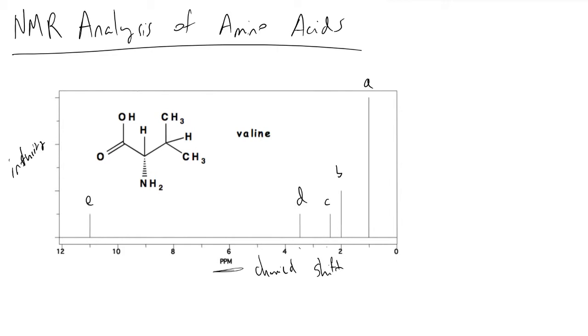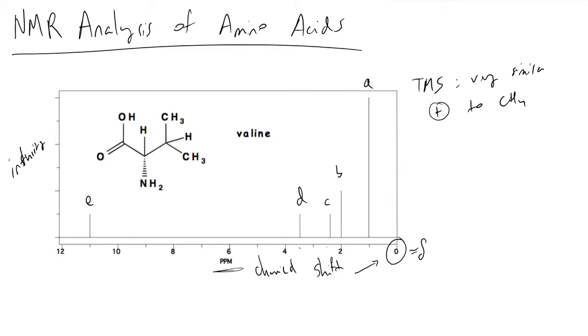What we'll note here is that a value of 0 for delta, our chemical shift, is equivalent to TMS. And TMS has a very similar proton environment to methane. What's special about methane and TMS is that the protons in those kinds of environments are very shielded.